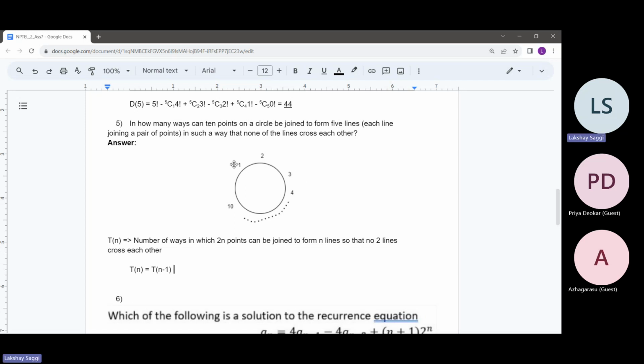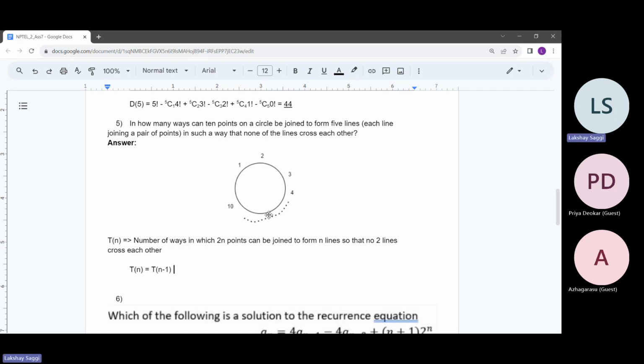Similarly, let's say point 1 is instead paired up with point 3. In that case, what I'm trying to claim is 1 cannot be paired up with point 3. Because if 1 is paired up with point 3, then 2 will need to be paired with some point from 4 to 10.